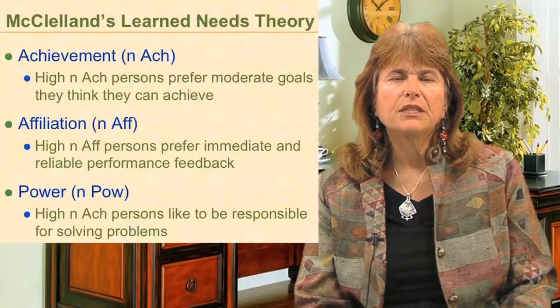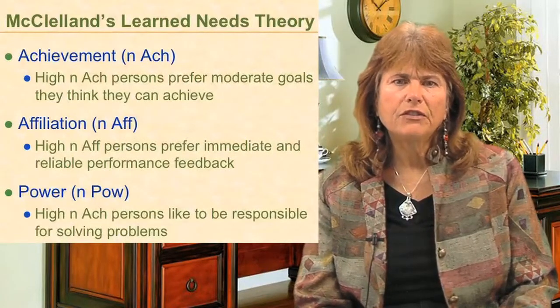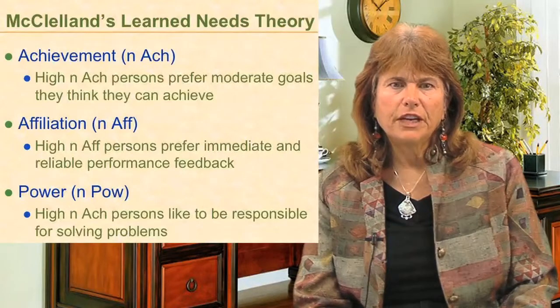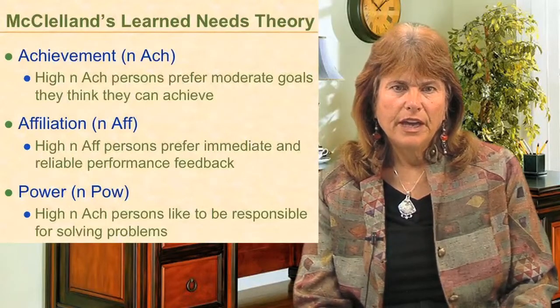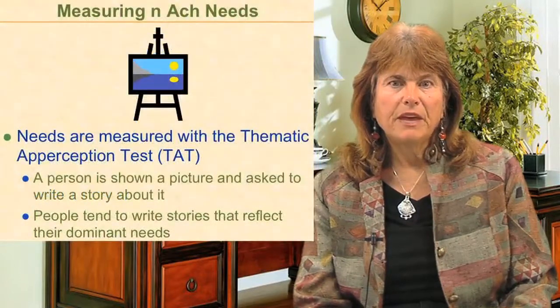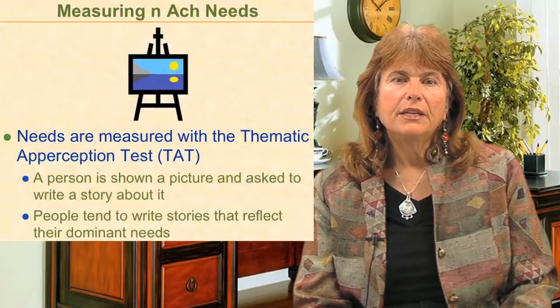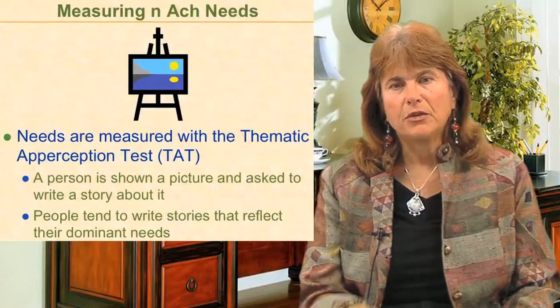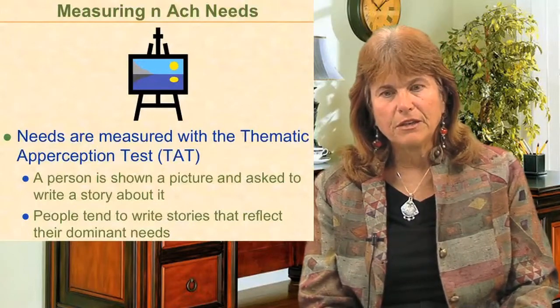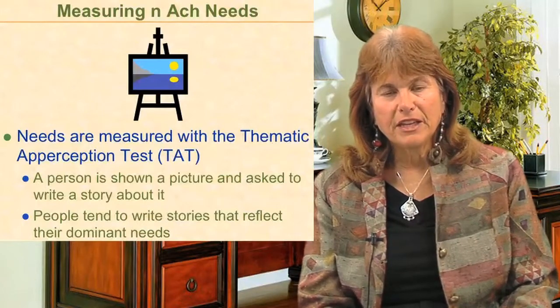McClelland separated out some of the needs theory. In the 60s, he was doing some research, and he said there are some people who plain and simple have a need for achievement, a need for affiliation, or a need for power. And they administer a test called the thematic apperception test. People are shown a picture, like someone looking at a desk and somebody leaning over, and then they spend about 5 minutes writing about that, and then it is analyzed.